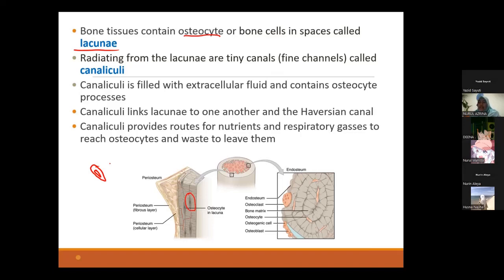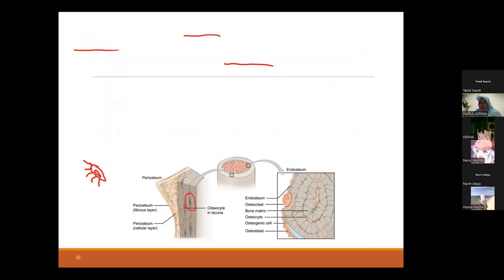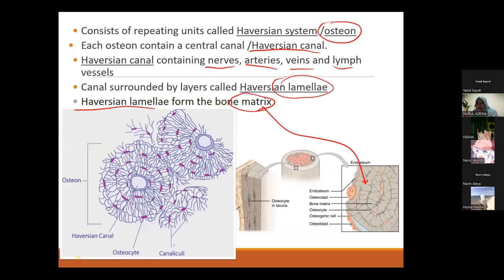So radiating from the lacunae, okay, so this is lacunae, and radiating from the lacunae are tiny canals, or we call as fine channels, that are known as canaliculi. Okay, all right. So mana dia? Mana dia? This one. Okay, canaliculi. So fine canals, right, extend from the lacunae.